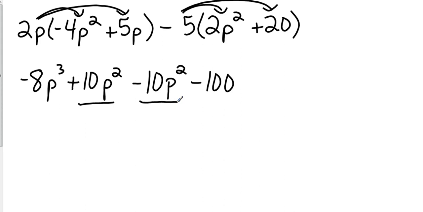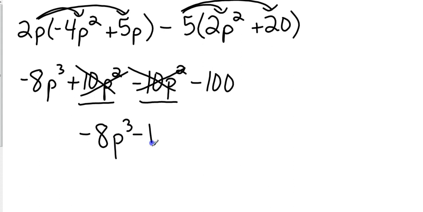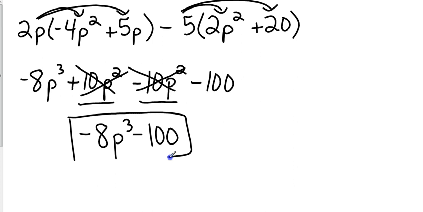So now we can combine like terms. What is a positive 10p squared minus 10p squared? Okay, 10p squared minus 10p squared is going to cancel. And that will just leave me negative 8p to the 3rd minus 100. Again, I put the negative 8p to the 3rd in front because it does have an exponent on it, and that's the order that I want.